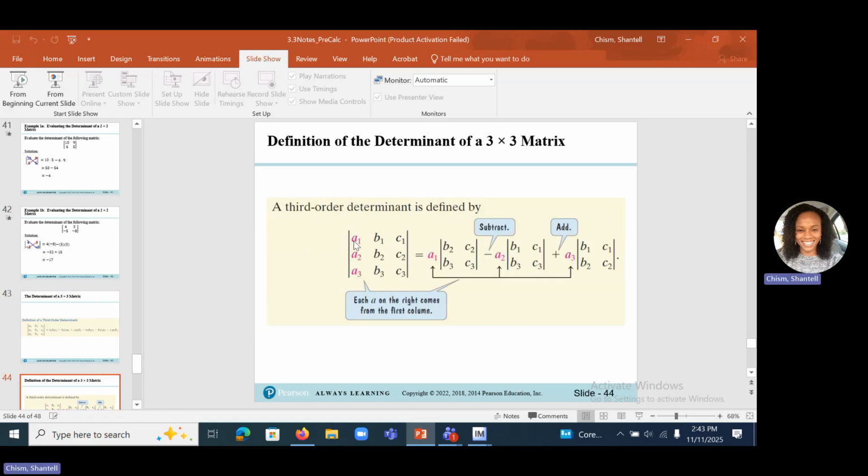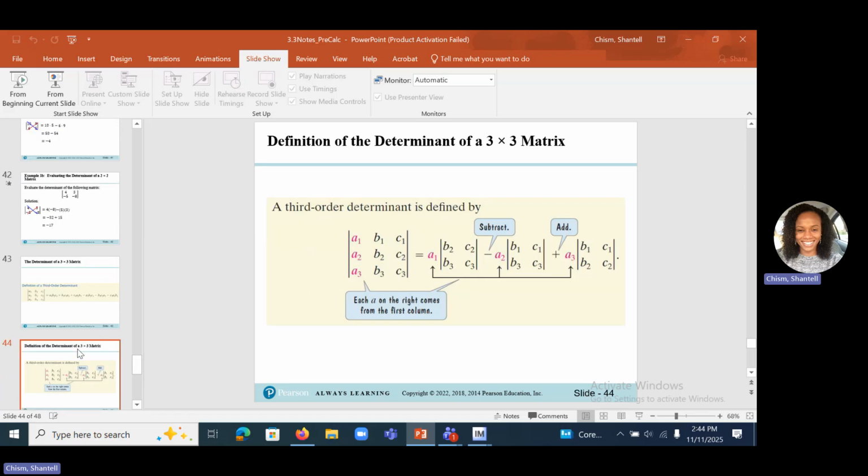So you take the first column values, and you multiply it to a 2 by 2 array, I guess you can say, using the elements that correspond to it. So if I'm using A1, then I use the other B2, C2, B3, C3. When I'm using A2, I use B1, C1, B3, C3. And then A3, I use B1, C1, B2, C2.